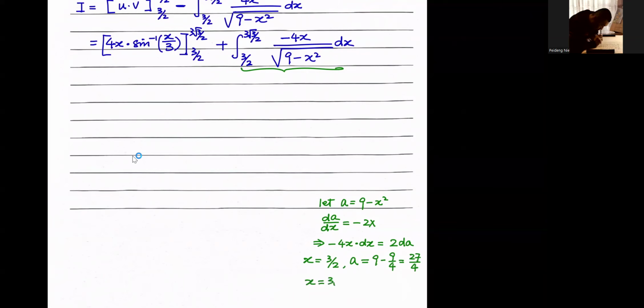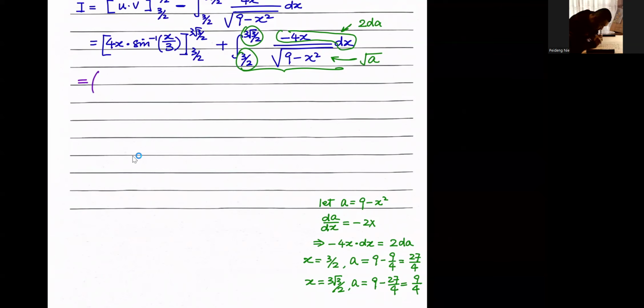When my x equals 3√3/2, my a value is 9 minus 27/4, which gives me 9/4. You know what I'm saying? So this chunk, I'm going to change it with a differential form, 2dA. The bottom can be swapped by root a, and then I just need to change the limits accordingly. This is the substitution method I'm trying to demonstrate.